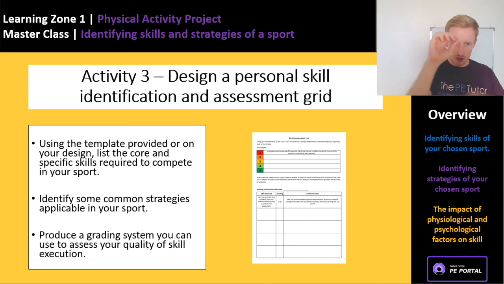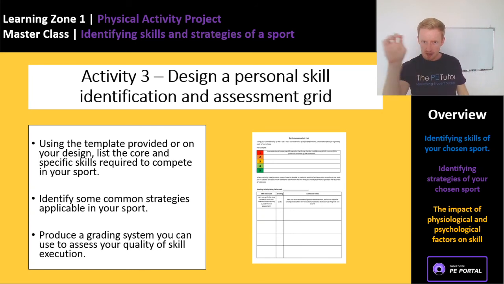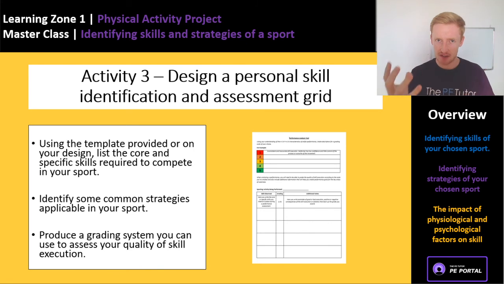And in the top section, you can just about see there the different colours. I've sort of written in the example for number 1, using these adjectives, these grading and assessment language that we've looked at, combining that with psychological and physiological factors and characteristics, create the grading system that you can now use.